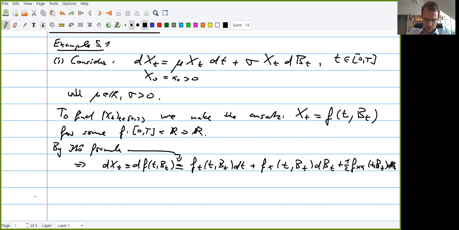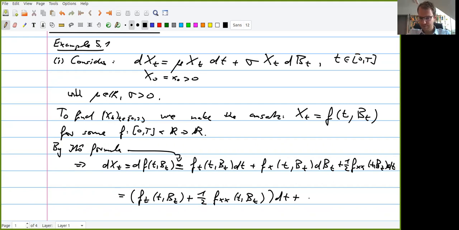Now let me rearrange this a bit. Sorry, this is dt. So let's put all the dt terms together, plus the stochastic integral term, which is this here.